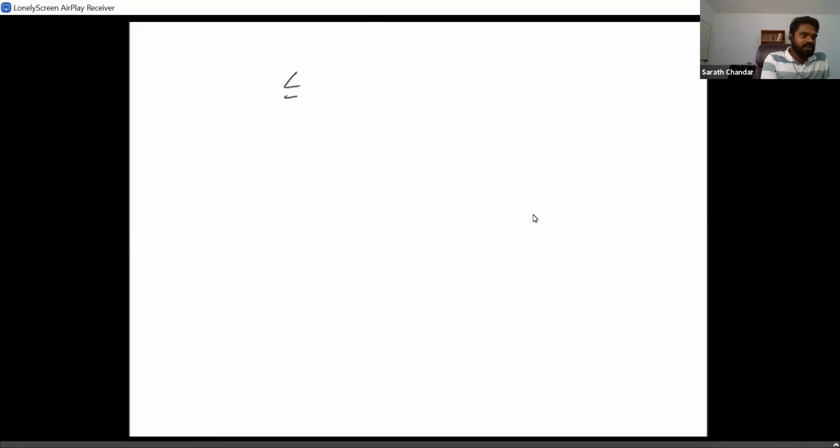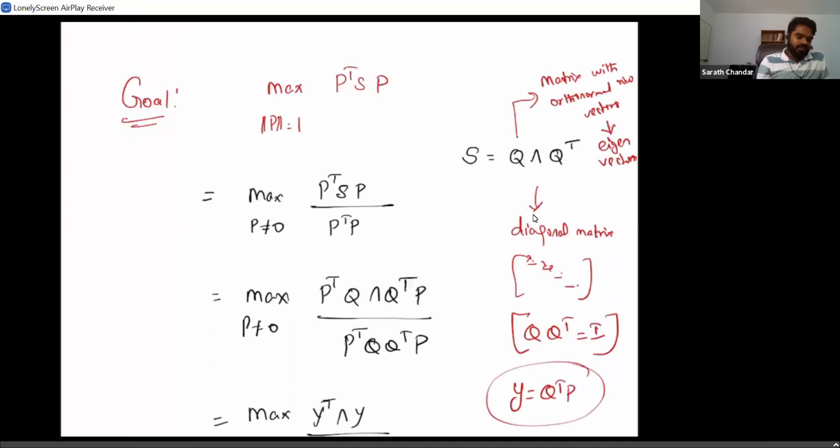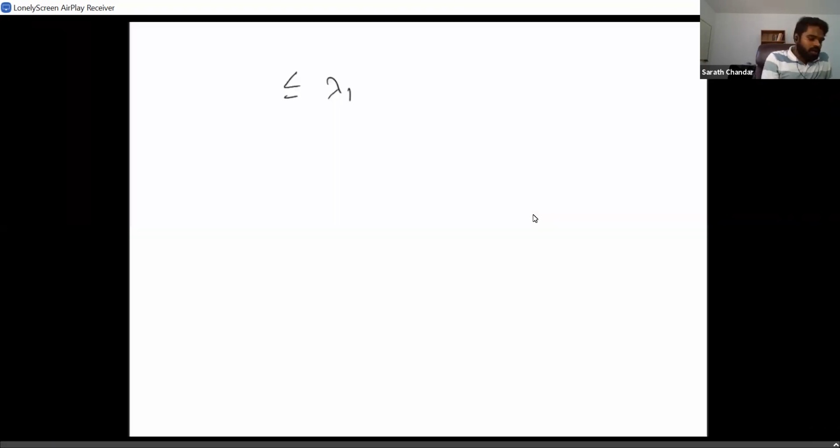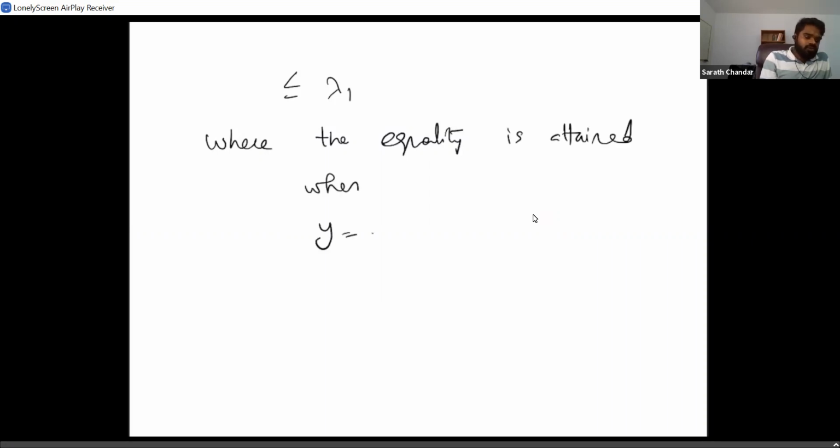So this term is upper bounded by lambda 1, where equality to lambda 1 is attained when Y is equal to E1.